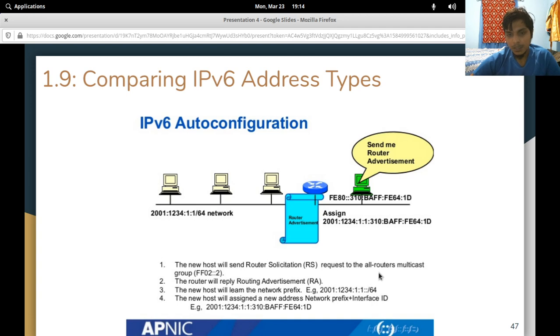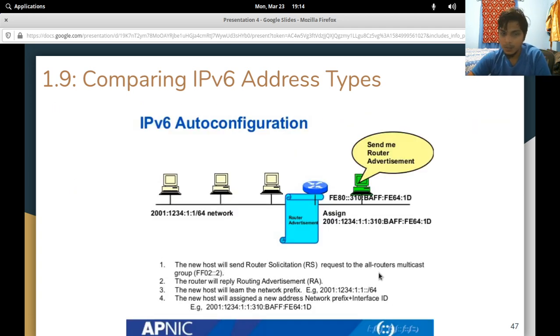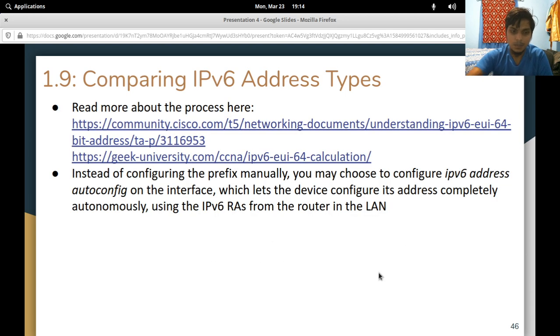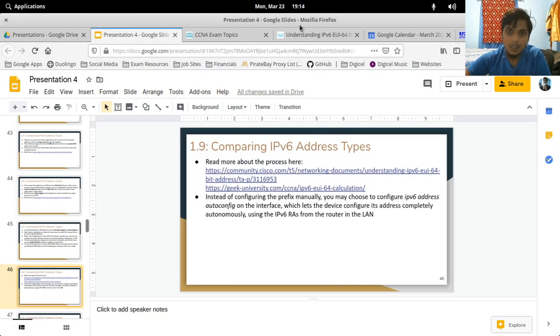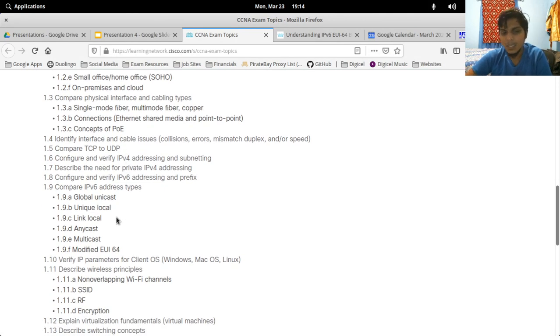So that's it for today. Make sure you click the links here and go over all of these things. The way Cisco did these things is just to be able to contrast them. They didn't want you to be able to learn to configure all these things individually or calculate them or describe them in any depth.